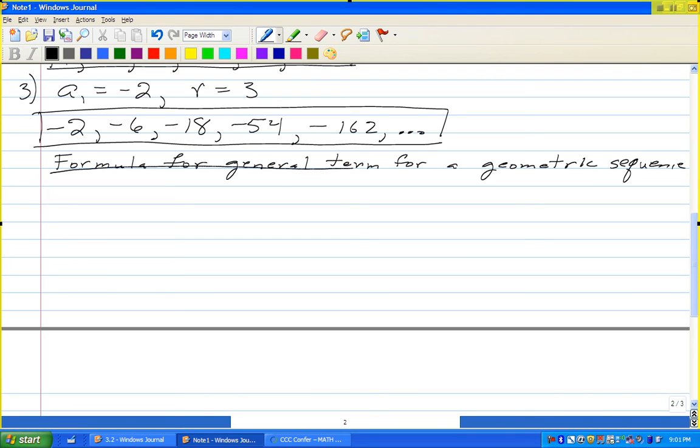So the formula is a sub n is equal to a sub 1 r to the n minus 1. And this is true for all natural numbers n.